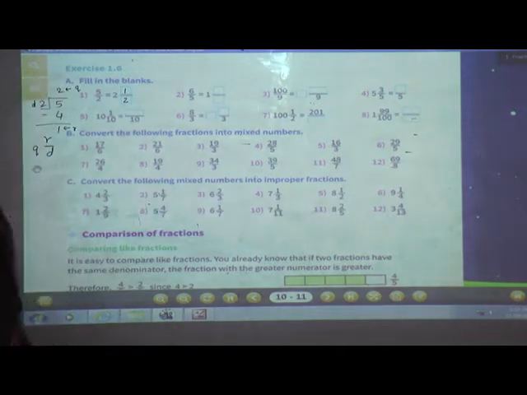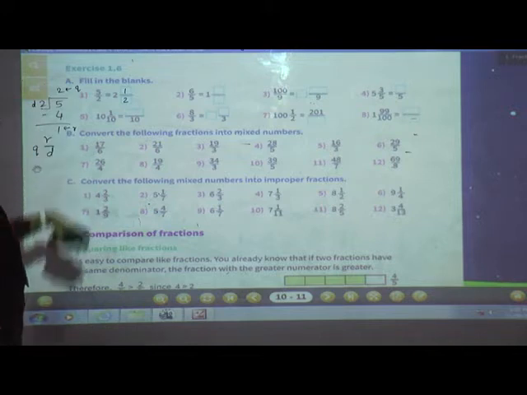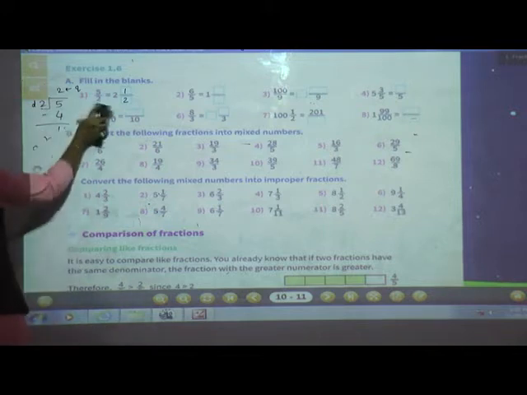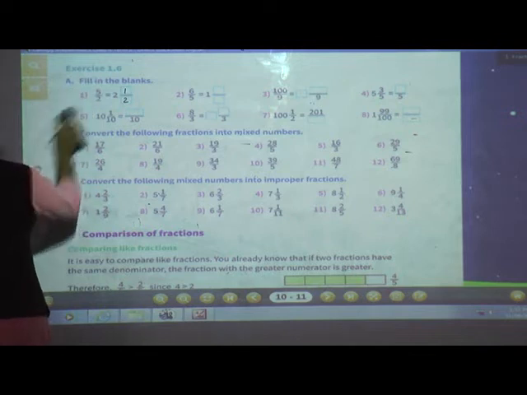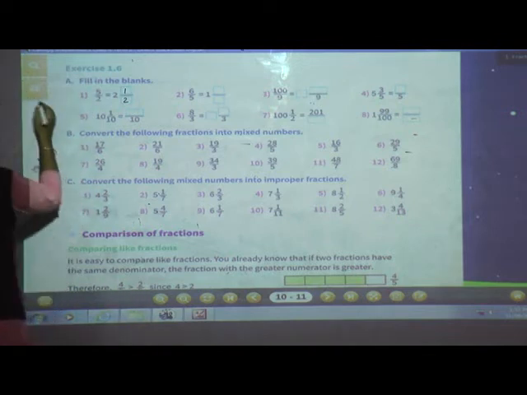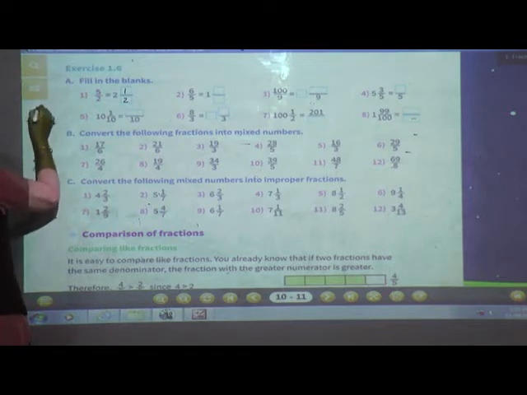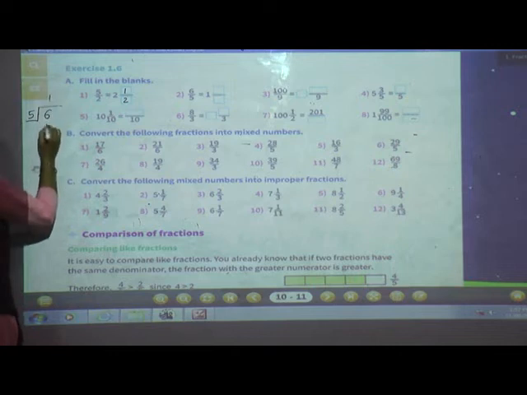Now what to do in that case? Yes, tell me students, what to do? We need to do the same. We have to convert into mixed fractions. We have to divide 6 by 5. 5 ones are 5, 1 will remain.